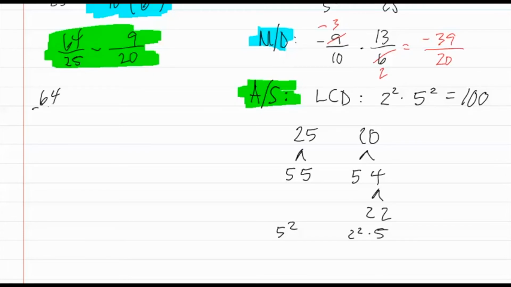Now, we must take our 64/25 and our 39/20 and multiply them by their missing factors.